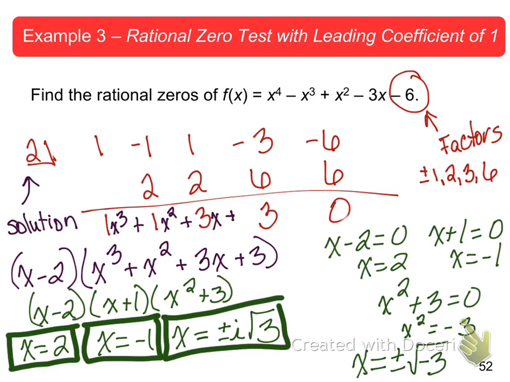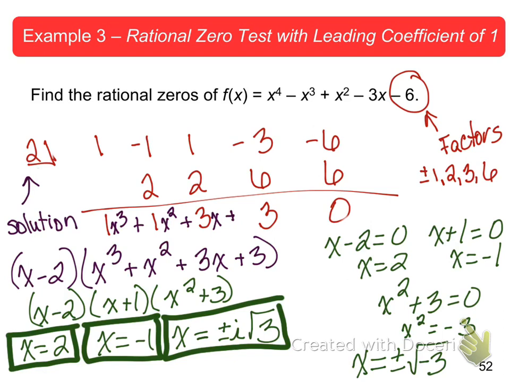Now, this one right here, we know my leading term is 1x to the 4th. I have an even exponent and a positive coefficient. So both ends are going to go up. That's what that means. Now, my graph crosses the x-axis at 2 and negative 1 because those are real numbers.